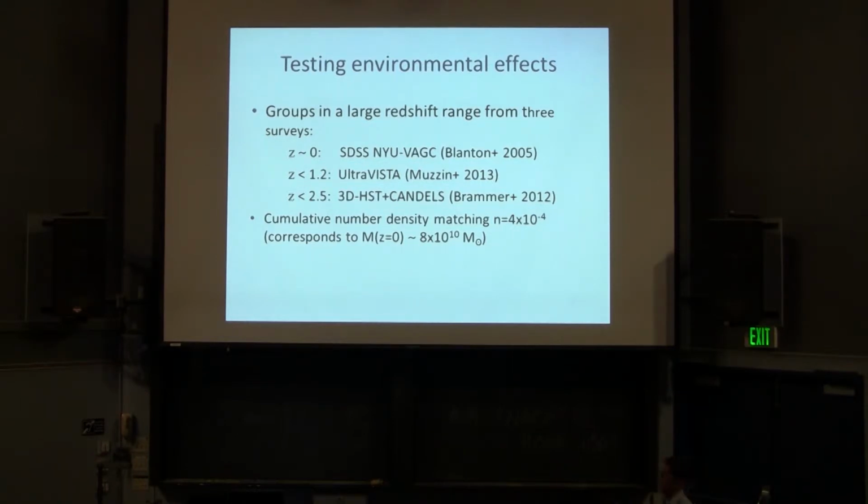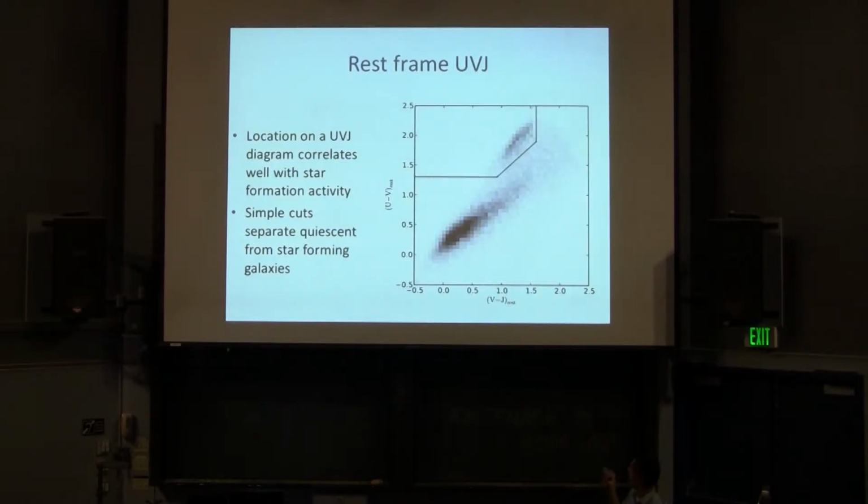So most galaxies are going to be closer to this mass. And before I show anything about environmental effects, I'm going to quantify my selection using this very crude separation of quiescent and star-forming galaxies using a rest-frame UVJ diagram.